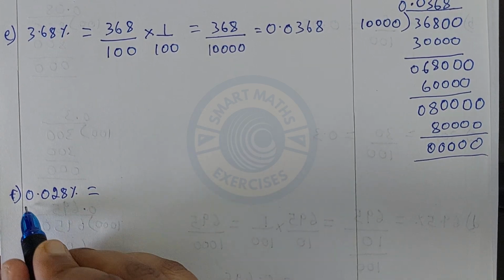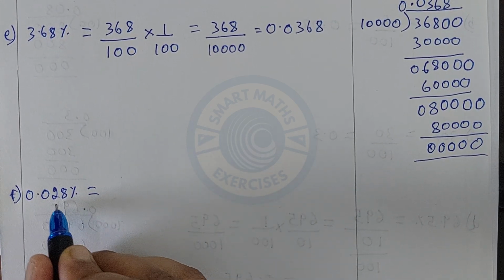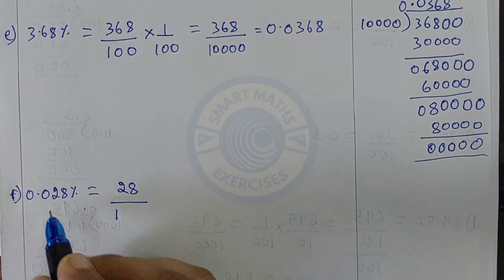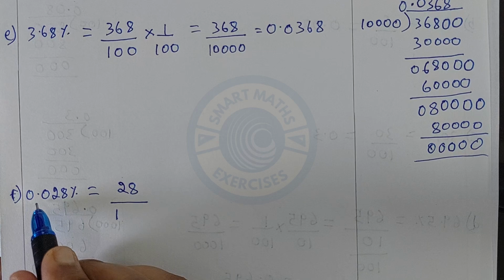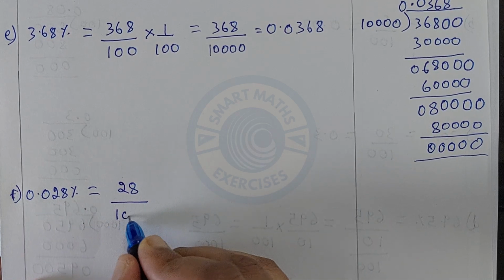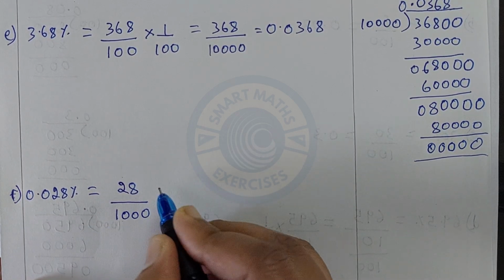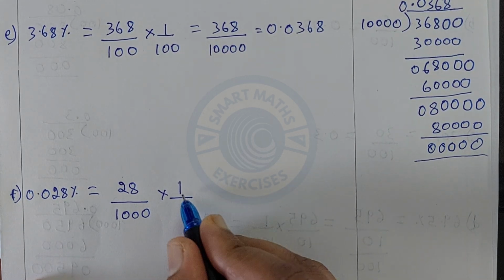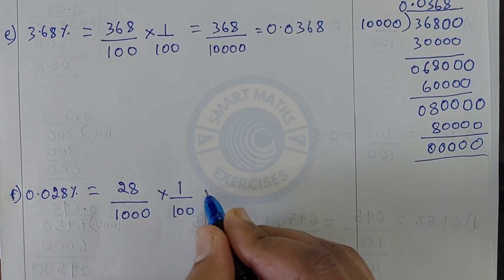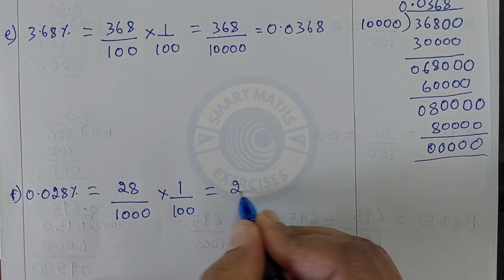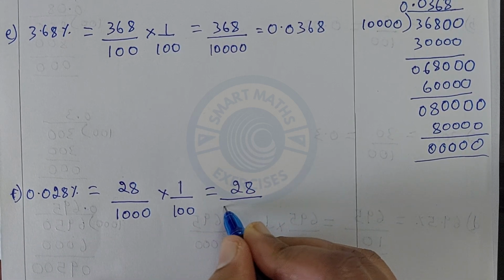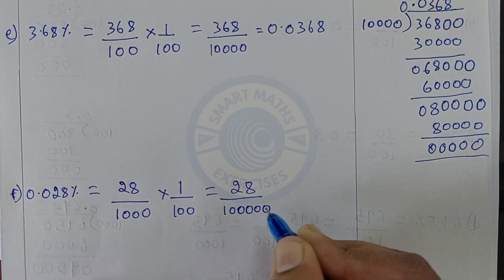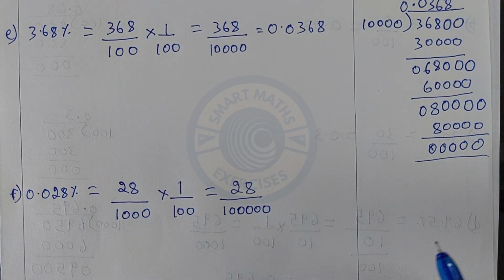Since we have zeros here, you can only write the number in the numerator, 28 by 1, and there are 3 numbers after the decimal point, so add 3 zeros and divide it by 100. When you take the reciprocal of 100, it becomes 1 by 100. So answer is 28 by 1 lakh.